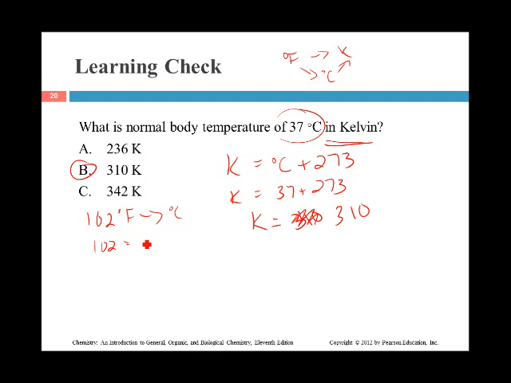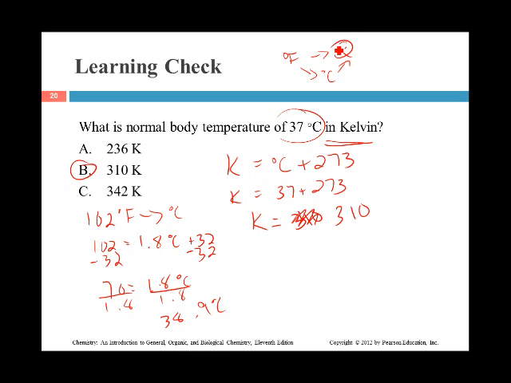So 102 is equal to 1.8 times degrees Celsius plus 32. Subtract 32 from both sides. That comes out to be 70 is equal to 1.8 times degrees Celsius. And that comes out to be 38.9 degrees Celsius.